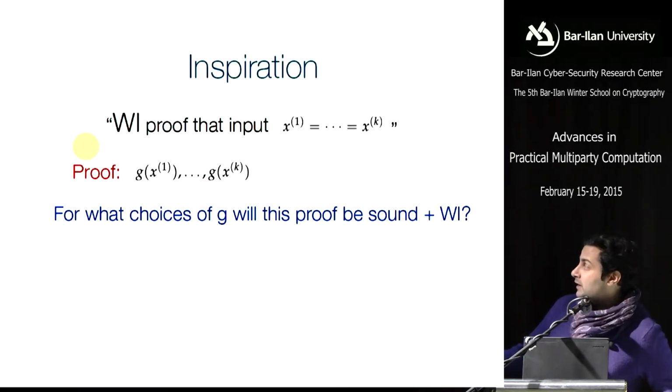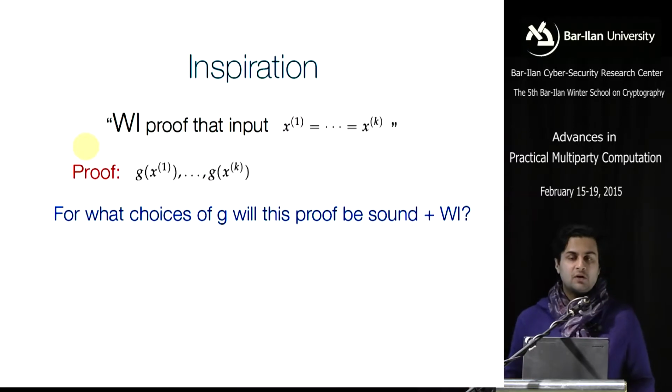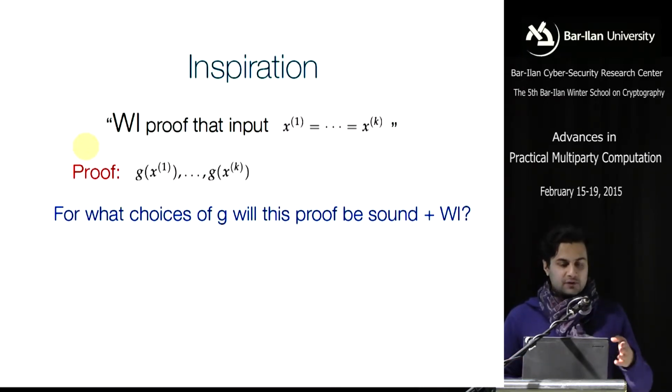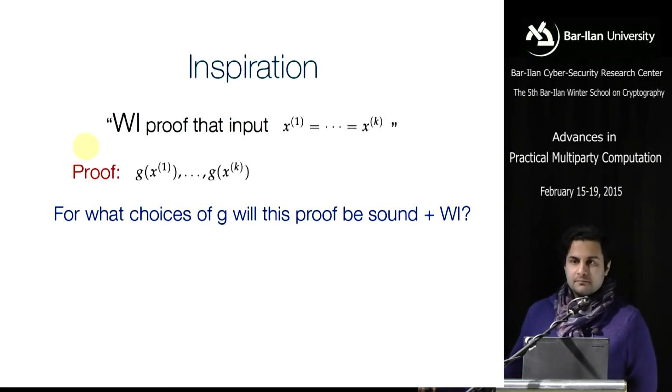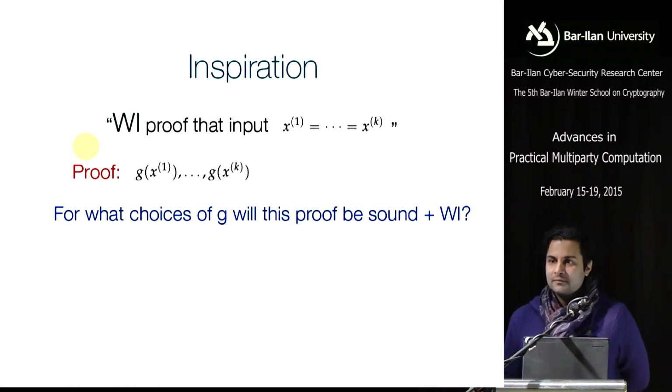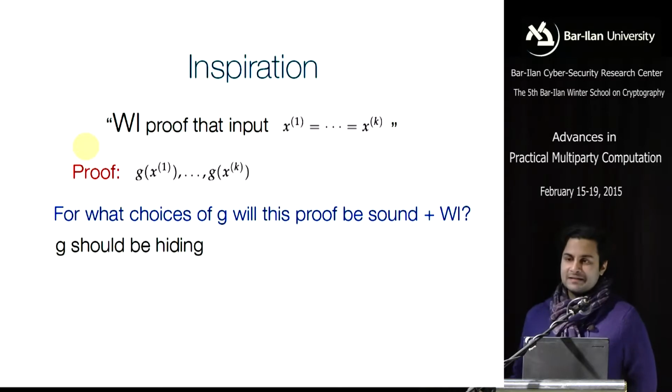And so now the proof that I want for this has to take this form. It has to be a function of all the different inputs. If all the inputs are the same, then this function should also be the same. So what properties must g have in order for this to be sound and witness indistinguishable? If I have xi and I give you g of xi, and I want it to be witness indistinguishable, there should be some property. I would say it has to be hiding in some way.